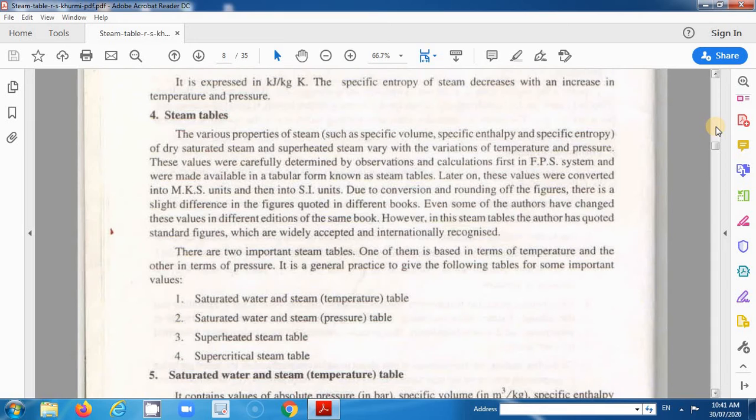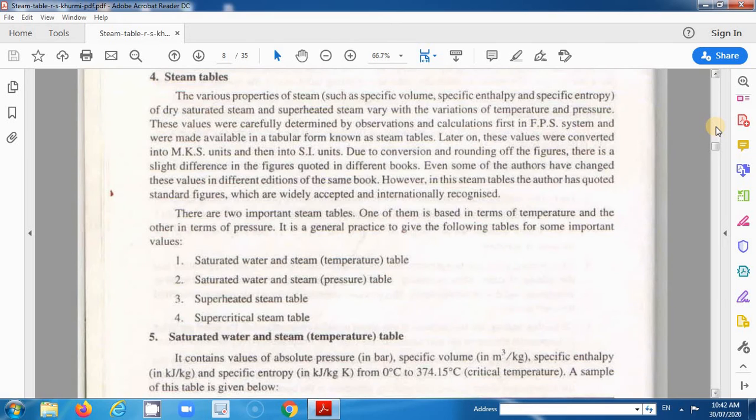However, in this steam table, the author has quoted standard figures which are widely accepted and internationally recognized. So that means there is a slight change in the same book of the same author because of rounding off and some other technical problems, or a slight change in values from author to author also.